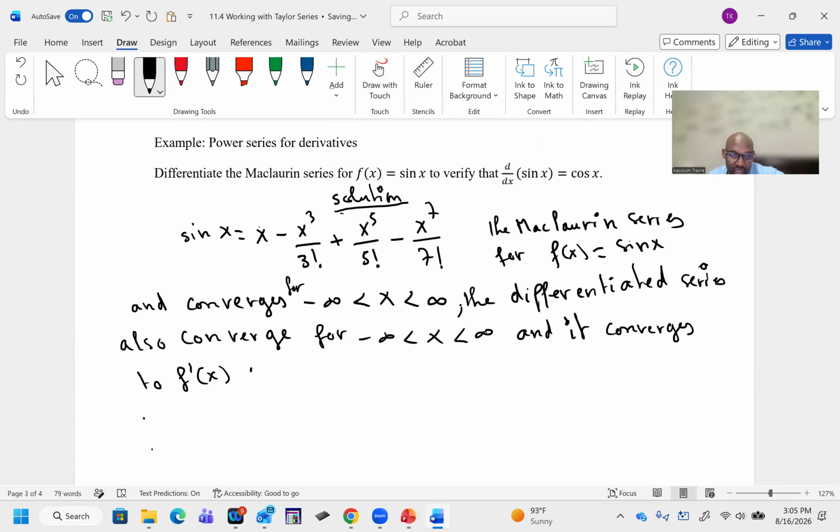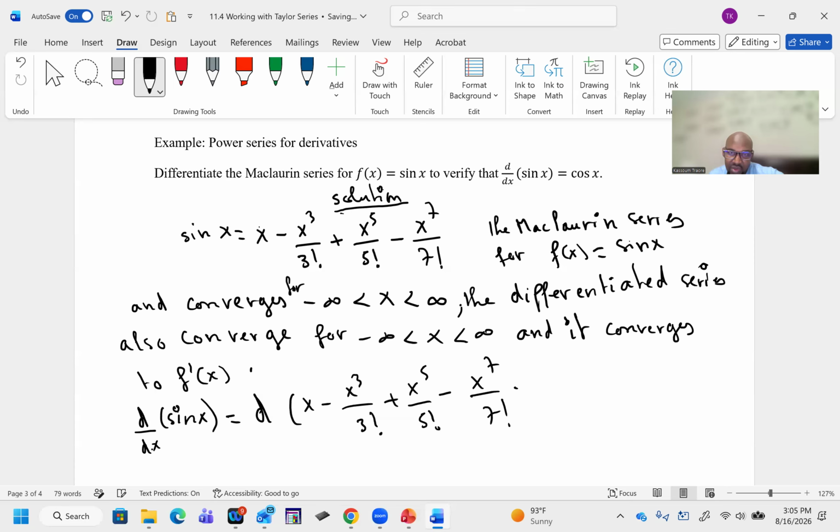So look, the derivative of sin of x will be equal to the derivative of the Maclaurin series, which is x minus x to the power of 3 divided by 3 factorial plus x to the power of 5 divided by 5 factorial minus x to the power of 7 divided by 7 factorial and so on. I want you to look at this one with respect to dx.